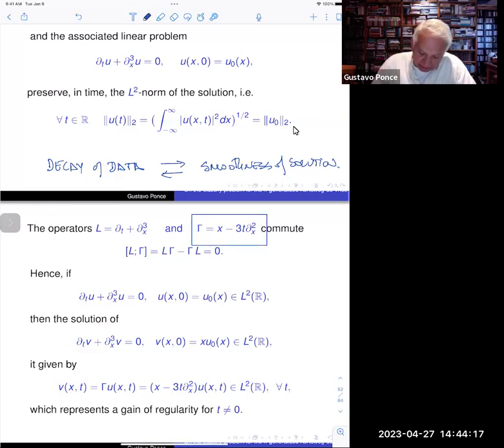Then in particular, if you write gamma explicitly, since you preserve the L2, you have that these quantities are in L2. Originally, you only have that x multiplied by u was in L2, but now you have that x multiplied by t times the second derivative is in L2. Then when t is different than 0, you start to feel some regularity in the solution.